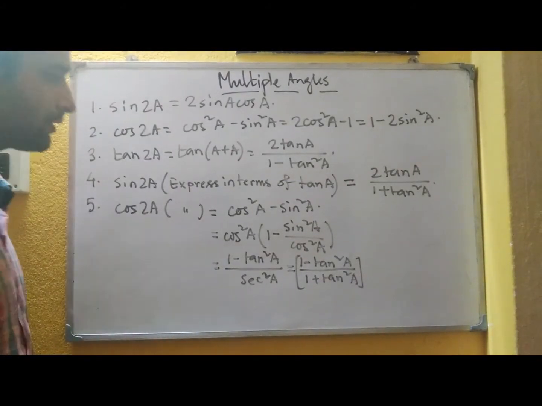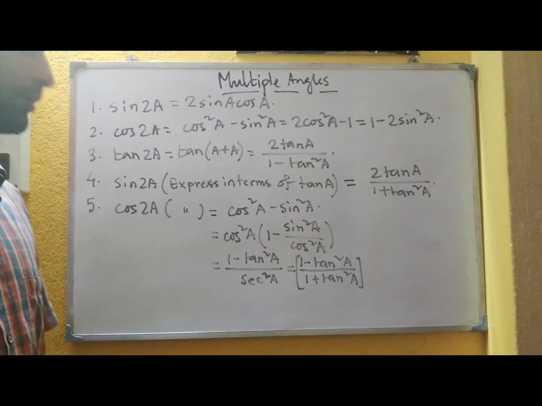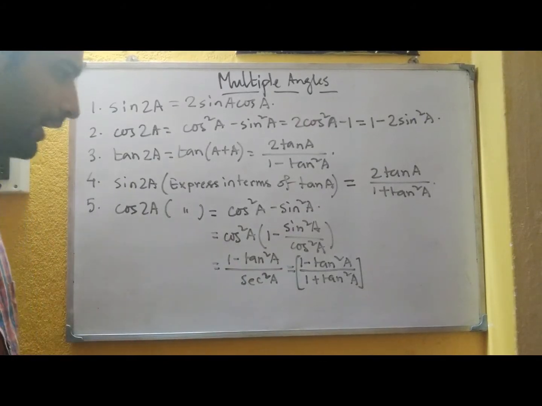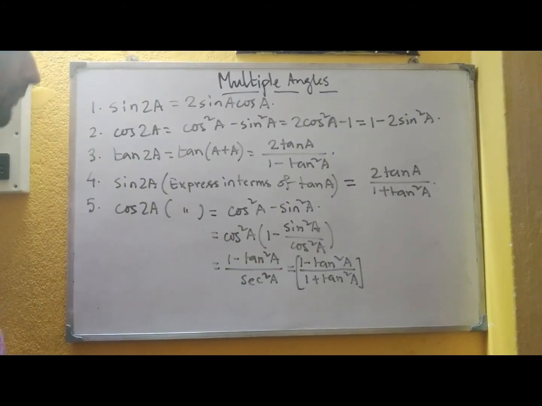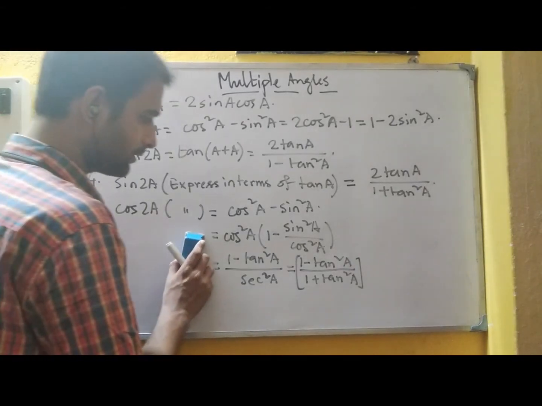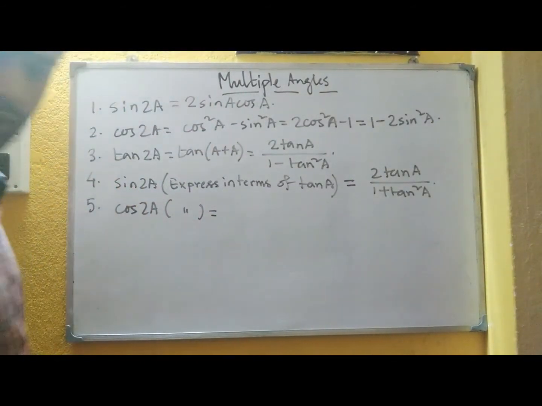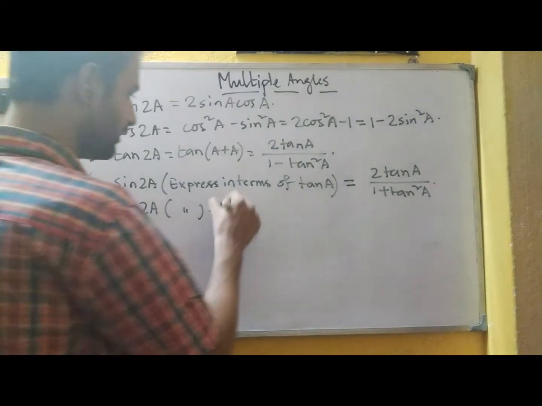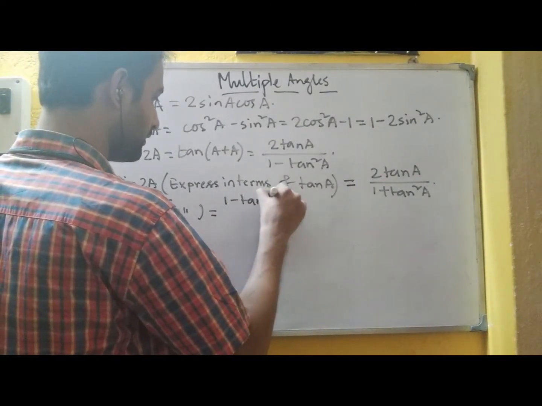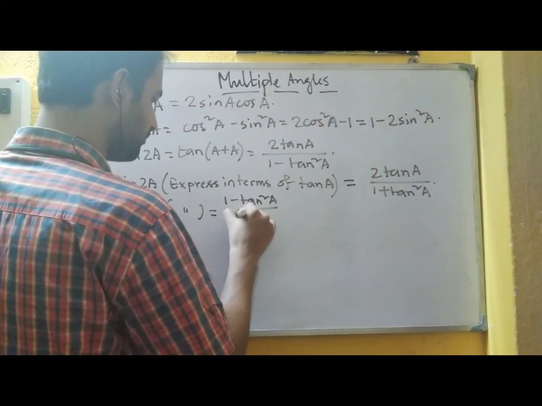So you will see in the sums that there are a number of sums where this formula is applied, and after that we have to use componendo and dividendo. Okay, so this is the formula. Let me write it in place. So the formula for cos 2A is 1 minus tan square A divided by 1 plus tan square A.